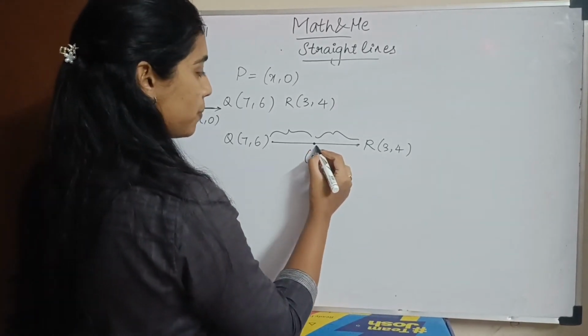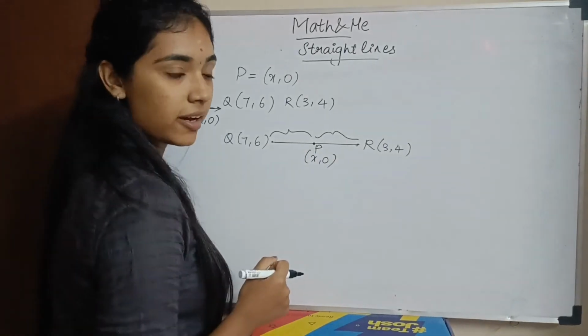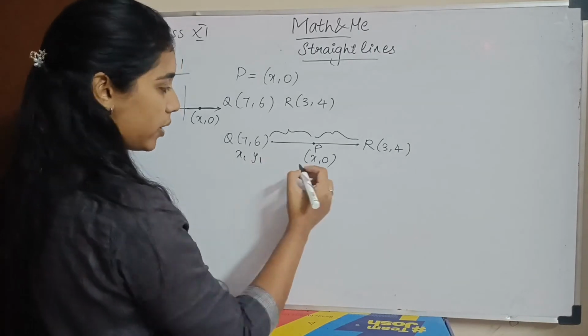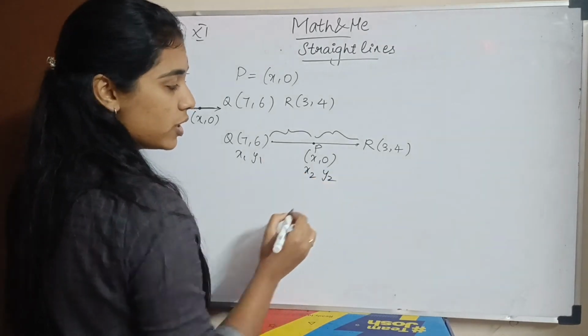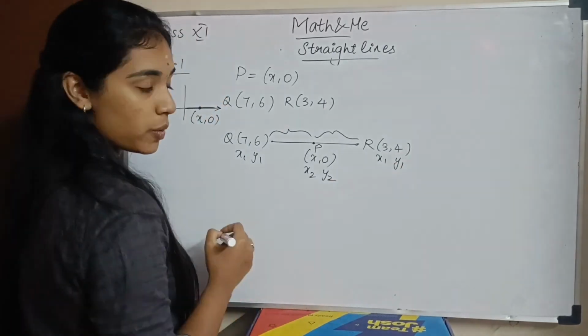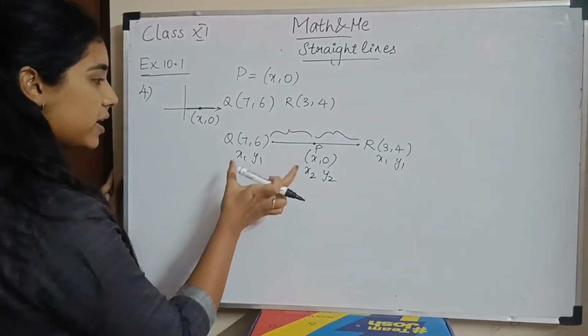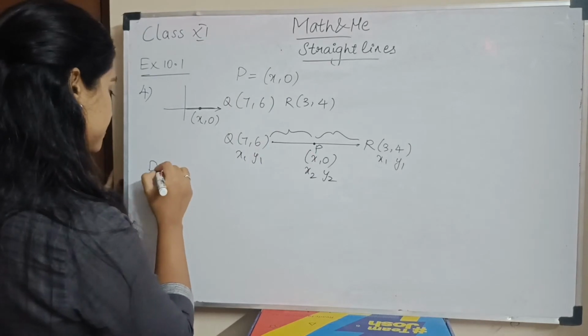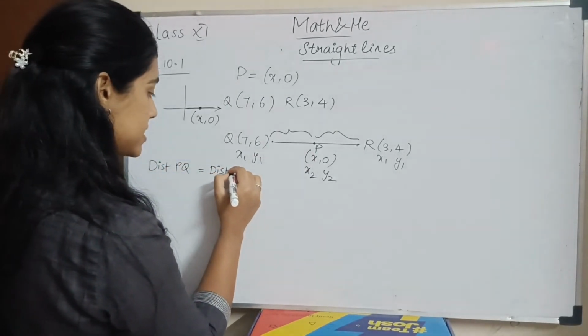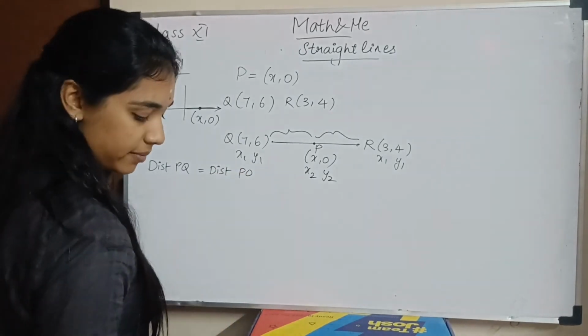Distance QP equals distance PR. When you find the distance QP, this is x1, y1 and this is x2, y2. When you find the distance PR, this becomes x1 and this becomes y1. So let us use the distance formula. Distance PQ equals distance PR.